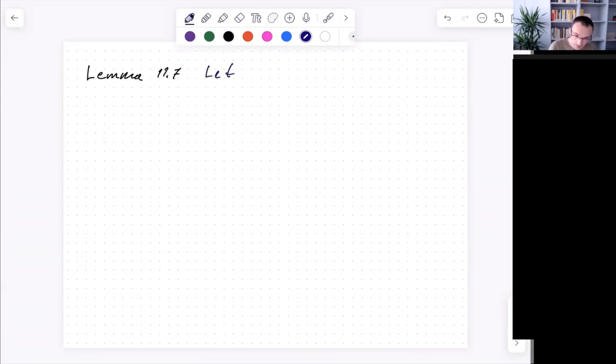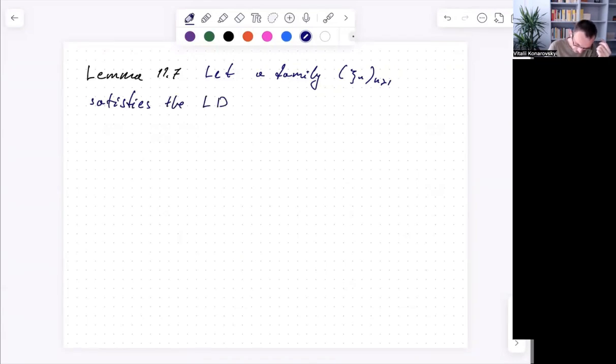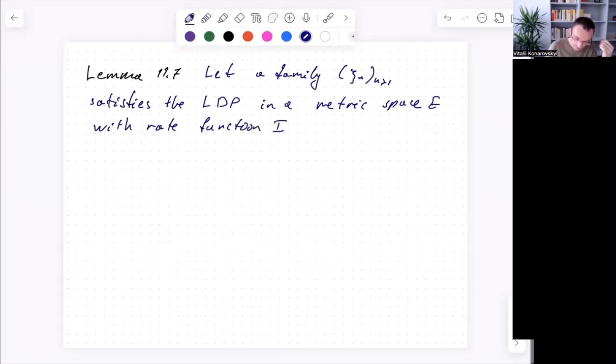Let a family of random elements psi n satisfy the large deviation principle in a metric space E with rate function I. Let also eta n be as above.